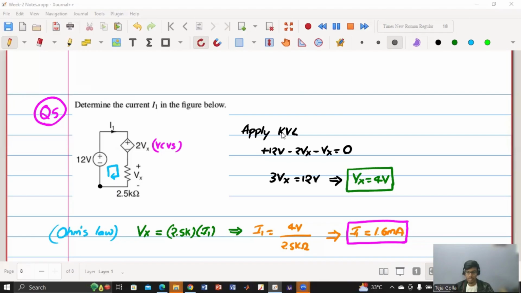So if there is any confusion in the concepts, that should be clear first, and we have solved seven problems, which is more than enough, because we are solving different problems. The main objective is to understand how to solve a problem and what the approach should be. Even if you want to solve a few more problems, which the other TAs might explain in their problem solving sessions, that is also fine.